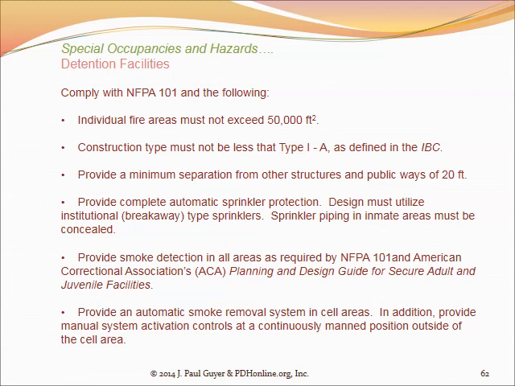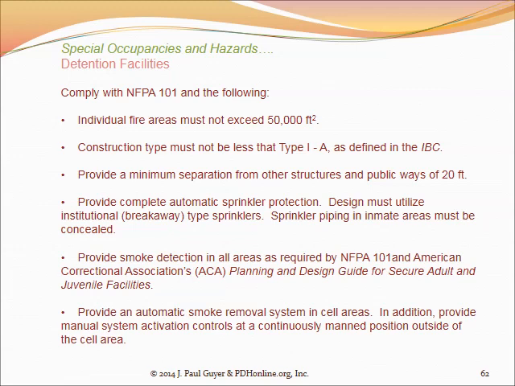They require an automatic sprinkler protection system using breakaway type sprinklers. Sprinkler piping in inmate areas needs to be concealed because, like so many things in a detention facility setting, the inmates are constantly looking for things they can use as weapons and so on and so forth.